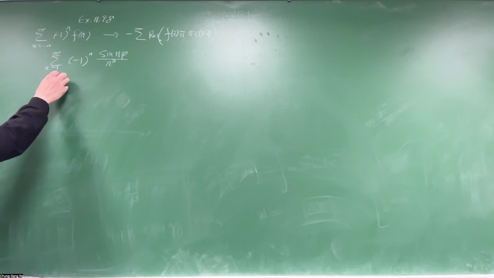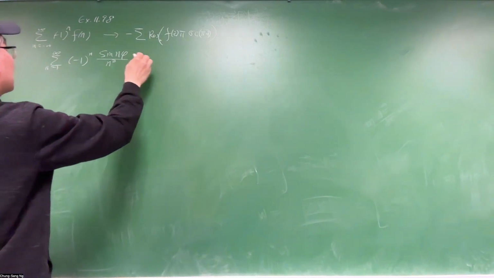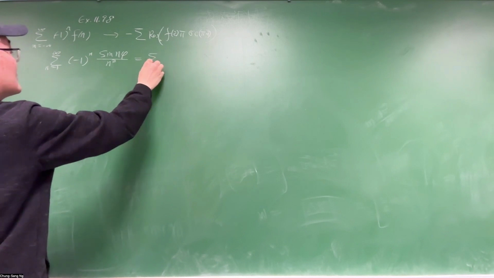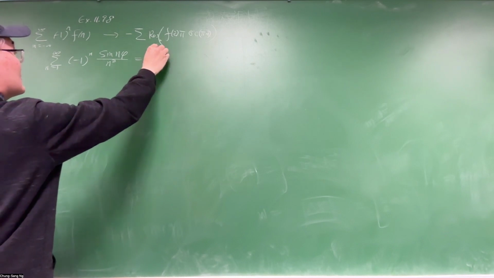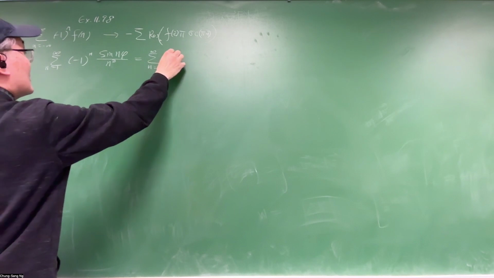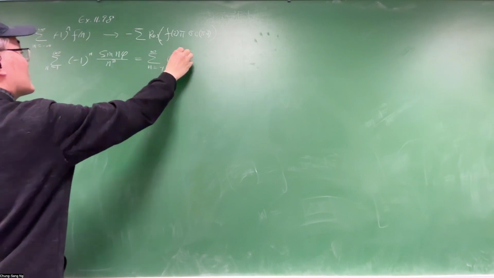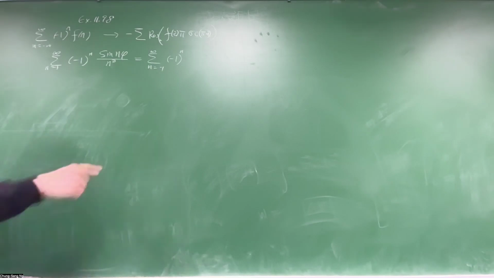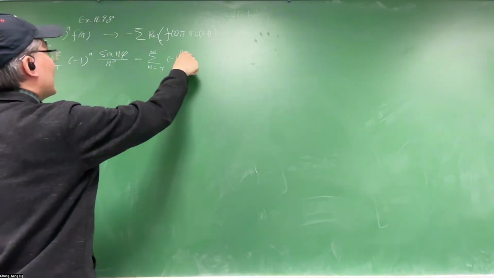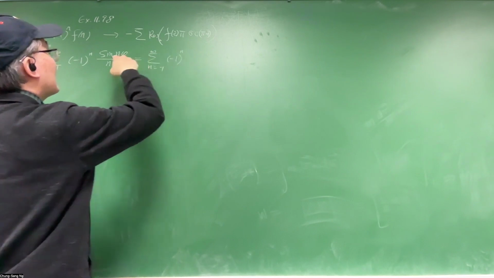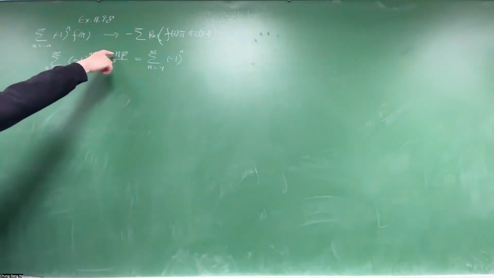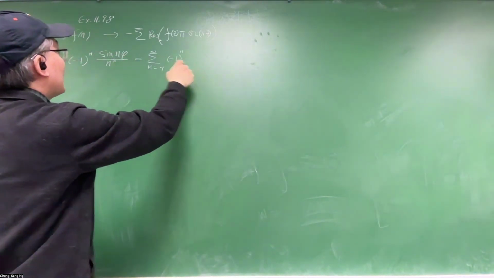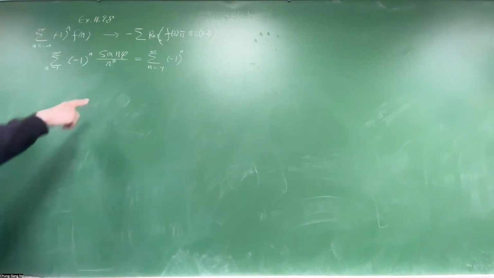But if we change n to minus n, then this should be equal to the sum over n from minus 1 to infinity. And minus 1 to the minus n is just minus 1 to the n, that doesn't change. And sine of n changed to minus n will give you a minus sign, right?